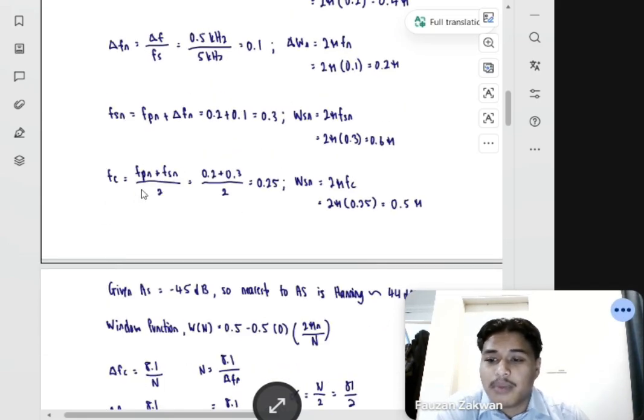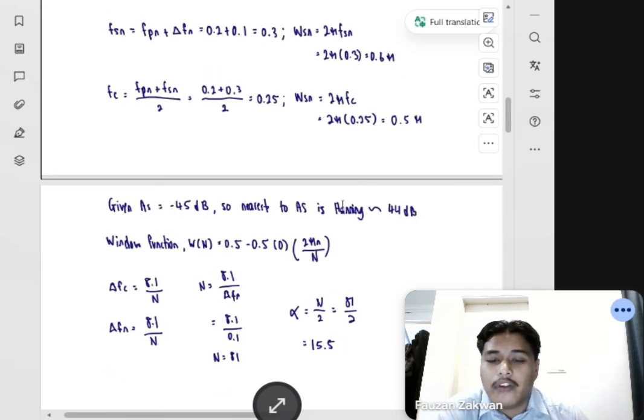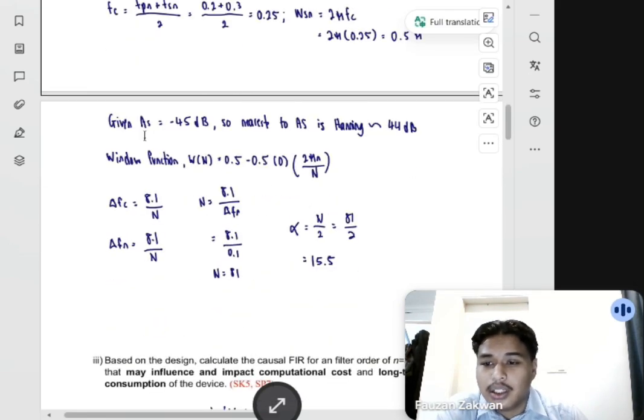So Fc is (Fpn plus Fsn) divided by 2. So 0.2 plus 0.3 divided by 2, we got 0.25. Again, we put in the formula 2 pi Fc, 2 pi times 0.25, we got 0.5 pi. Given As is negative 45 dB, the nearest to As is Hanning at 44 dB.